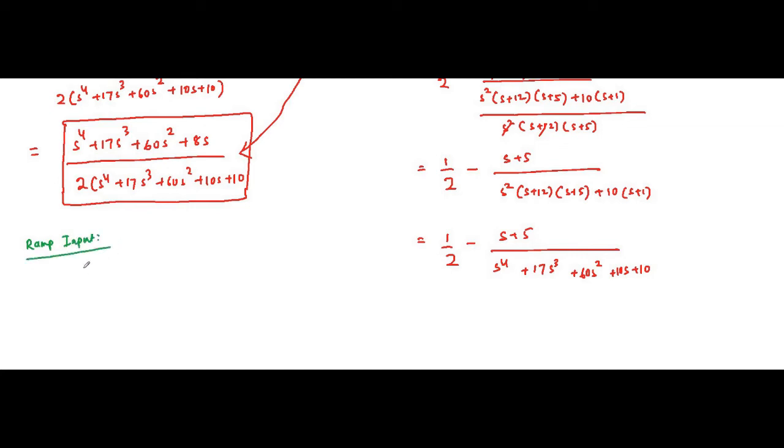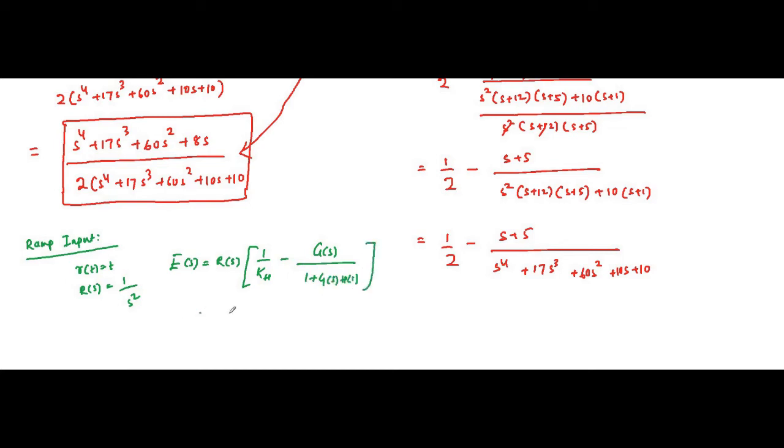For a unit ramp input we are applying, r(t) is equal to t, R(s) is equal to 1 by s square. So we'll multiply this to get E(s) is equal to R(s) into (1 by KH) minus G(s) by 1 plus G(s)H(s), isn't it?